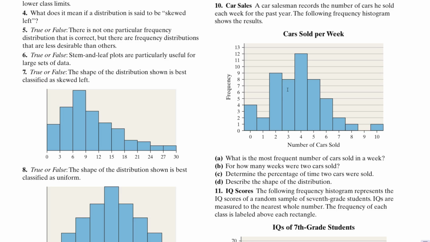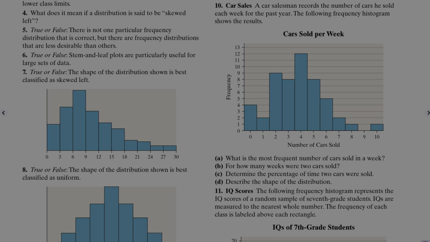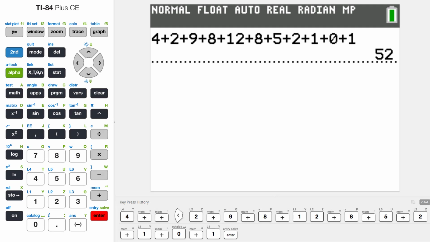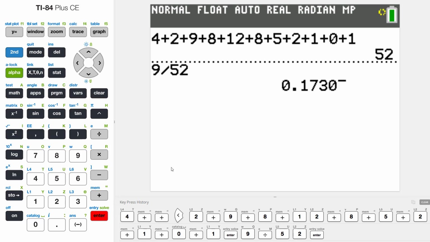But in any case, if you want to calculate the percentage, you're going to need your calculator for that, or at least it would be my preference to use my calculator. As you can see, I have the tally there, and the frequencies total 52, as I said. And we want to calculate 9 over 52 as a percentage. So 9 divided by 52 gives us 0.17307 and so on.